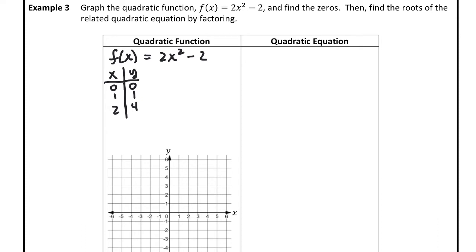Okay. And here we have a 2 in front. It's outside. So it's a vertical expansion. And so that means I'm going to multiply all the y values times 2. So that's going to give me 0. It's going to give me 2. It's going to give me 8.